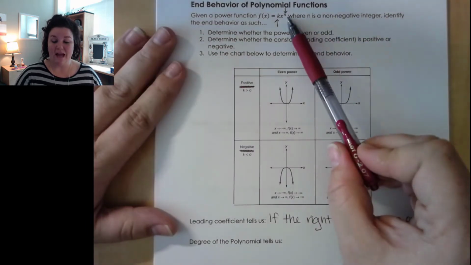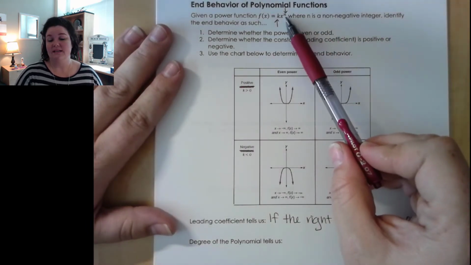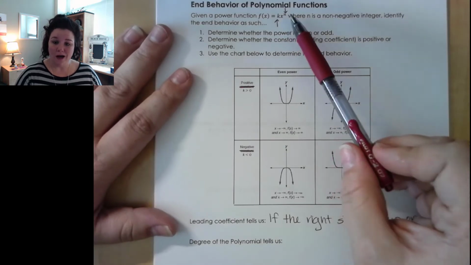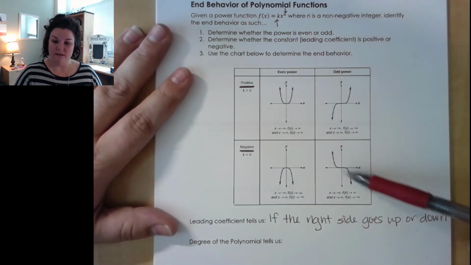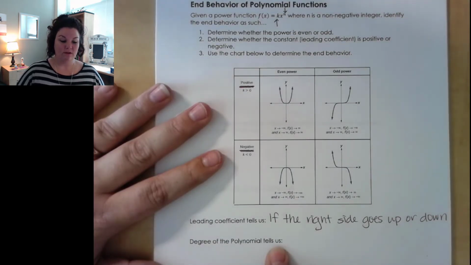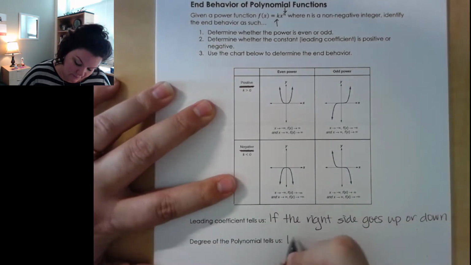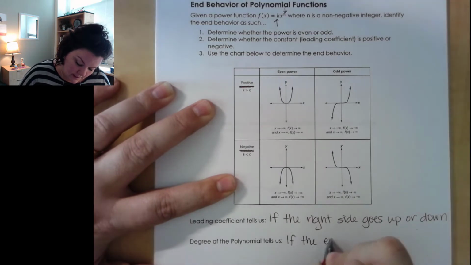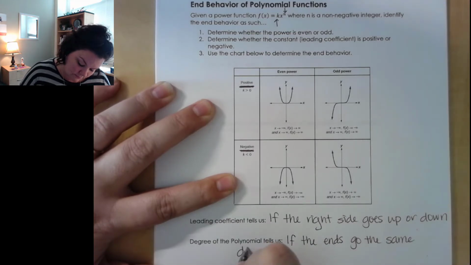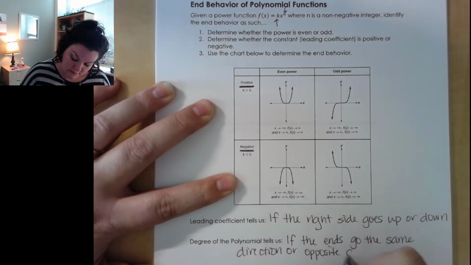Or if we have something like an x cubed, that would be a high power of 3. 3 is odd, so the ends would go opposite. Down here it says the degree of the polynomial tells us if the ends go the same direction or opposite directions.